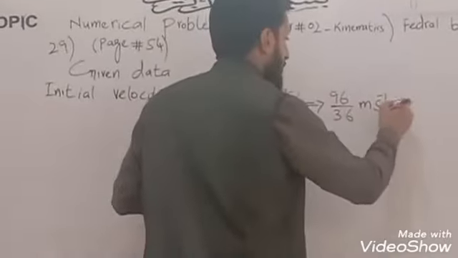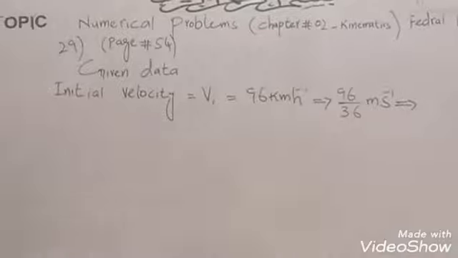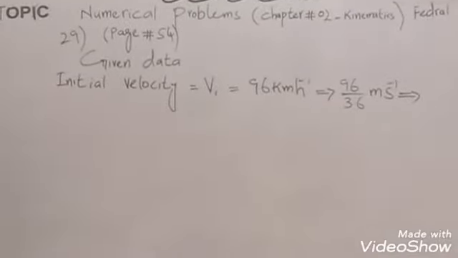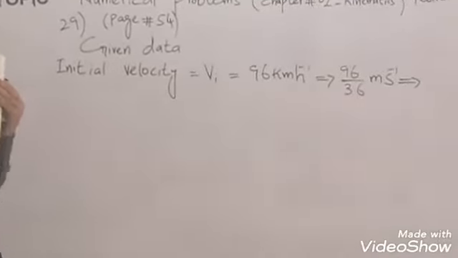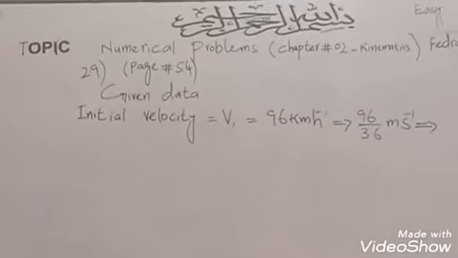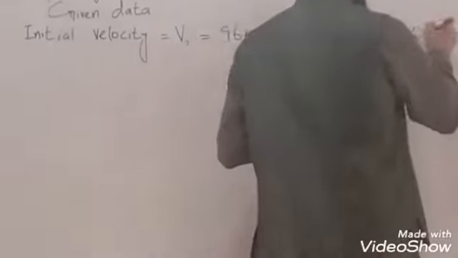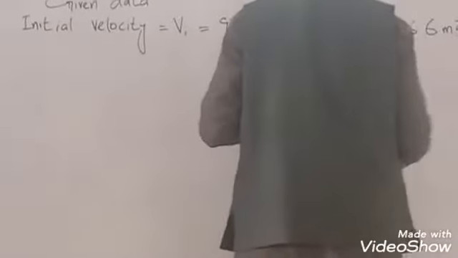By dividing these two, we get 96 divided by 3.6. What is the answer? 96 divided by 3.6. Anyone please? 26.6. Very good. Meters per second.